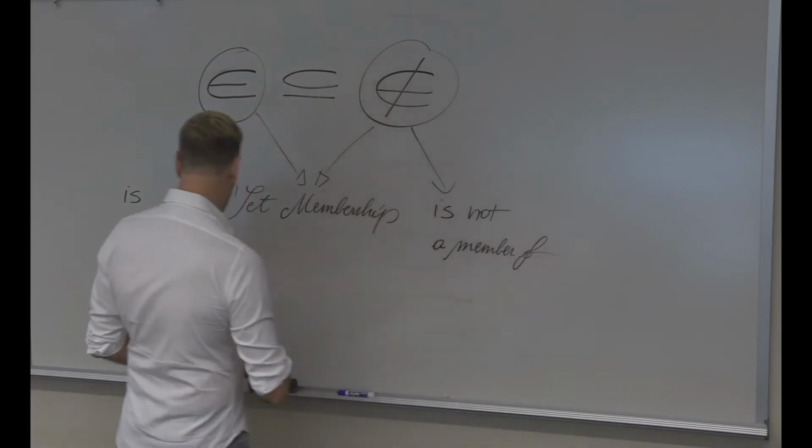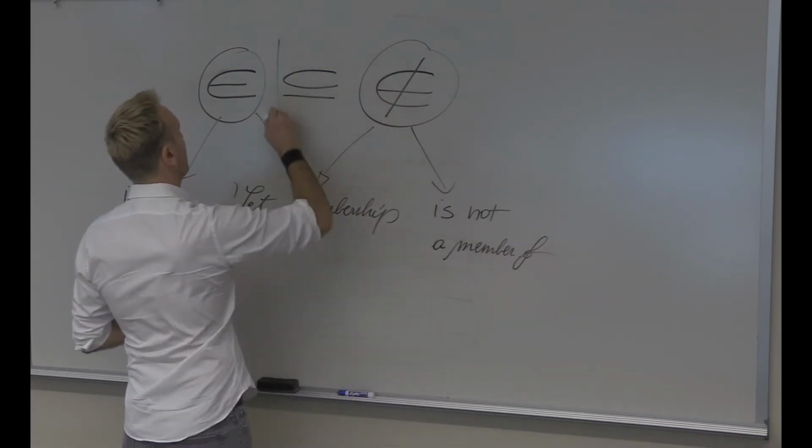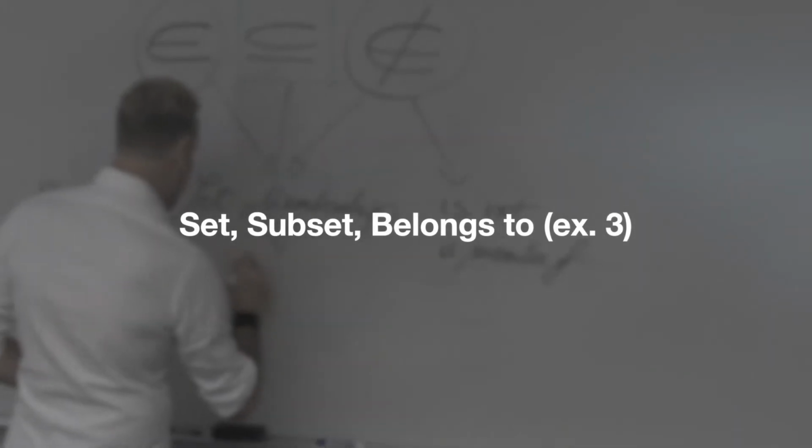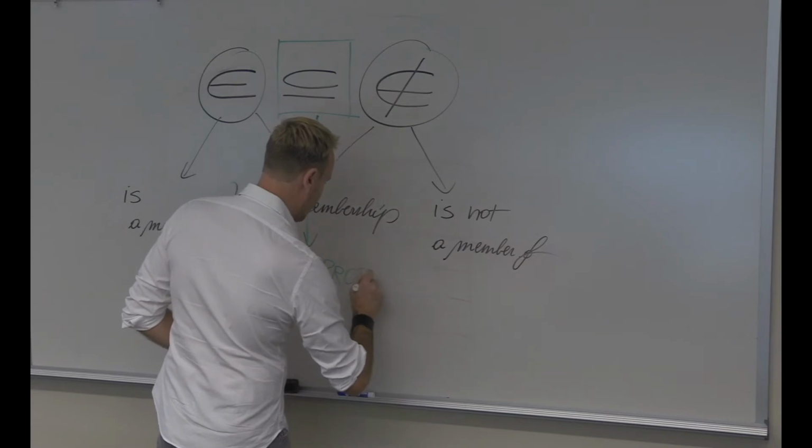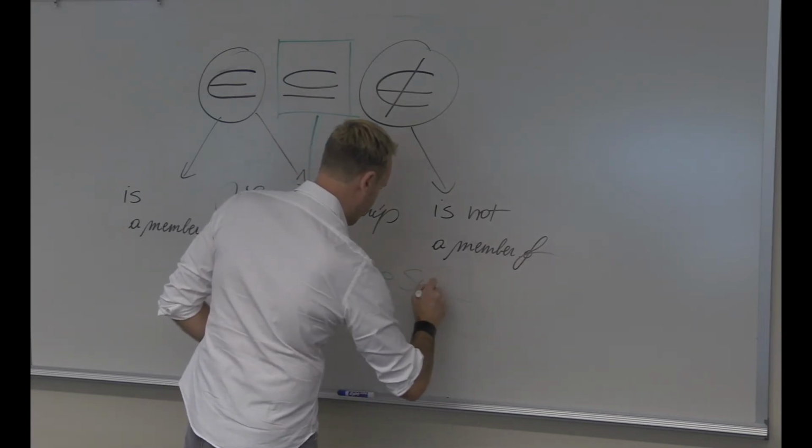Now, what about the third one here? What about this symbol here? Well, this one means is a proper subset of.